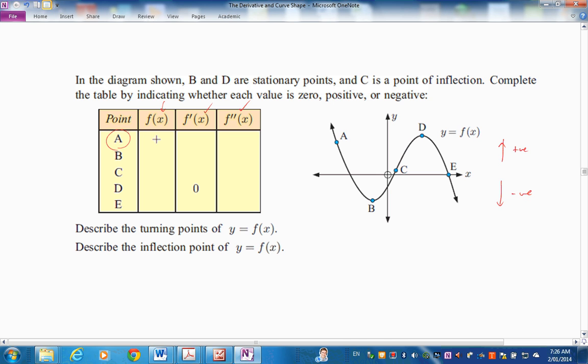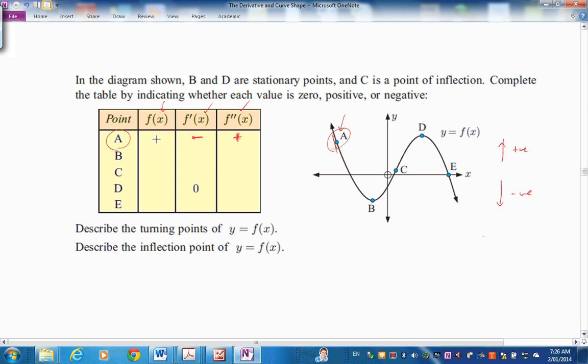Okay, let's go now. So we're looking at point A for a start. The function is positive because it's above the x-axis, correct. The f dash x is the slope of the tangent. It is negative in here. Okay, second derivative, this is what's happening here. The slope of the tangent is increasing, going from negative, or this is part of a concave up, so the second derivative is positive in that region.